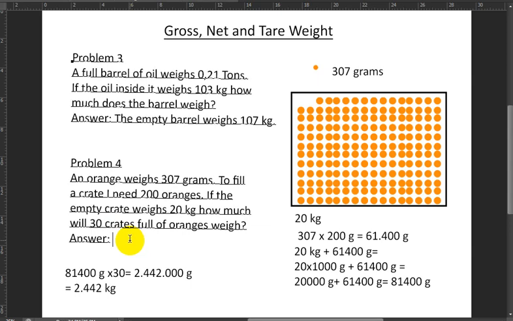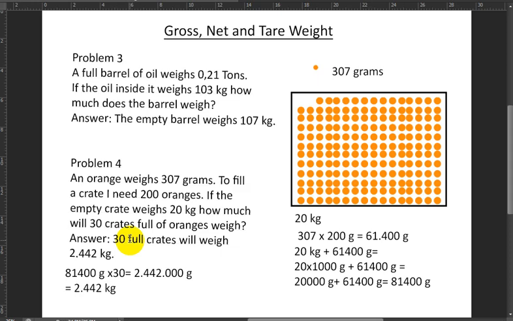So my answer is going to be that 30 full crates will weigh 2,442 kilograms. And again, you could have just left this in grams, it would have been the same thing. And there you go. That's the answer.